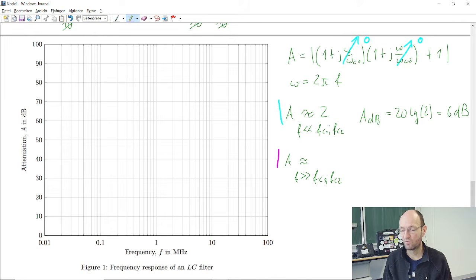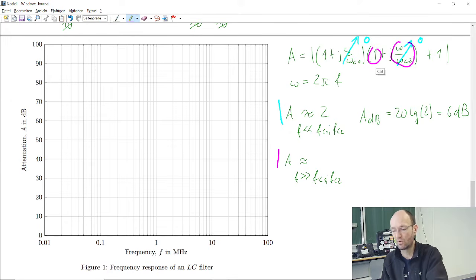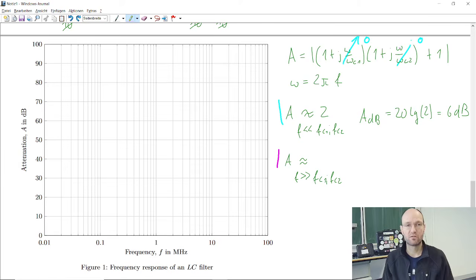So if this term grows large in comparison with 1, if this term here also grows large in comparison with the 1, what happens? So we can think of this a little bit like the frequency going to infinity.